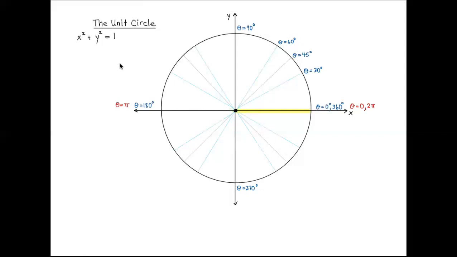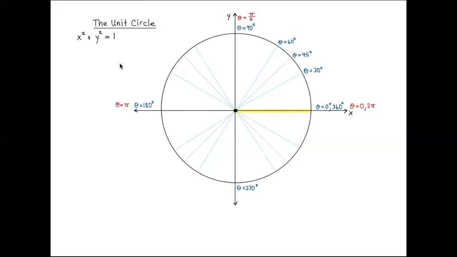So this 90 degrees right here, that's only halfway to pi, which is here. If we've only gone halfway to pi, we've gone 1/2 times pi, which usually we just write as pi divided by 2.